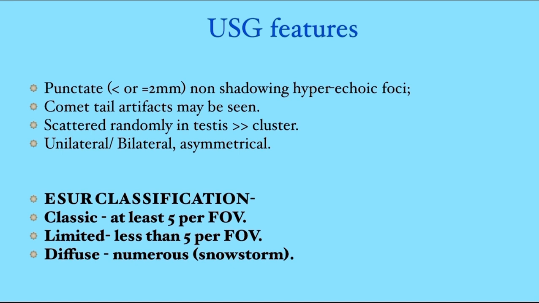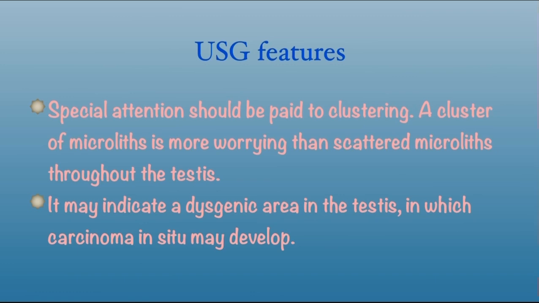So there are 3 types of testicular microlithiasis: classic, limited and diffuse. Remember this figure 5. Classic is 5 or more than 5, limited is less than 5, and diffuse is numerous or snowstorm microlithiasis. Now, special attention should be paid to clustering.